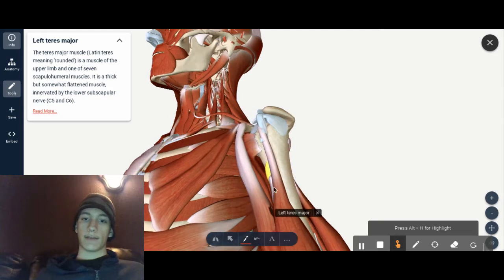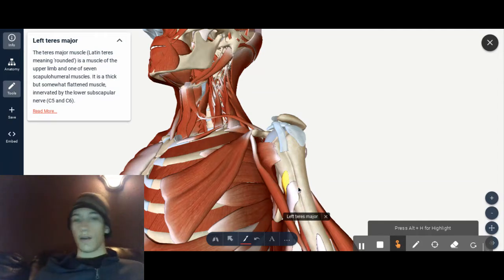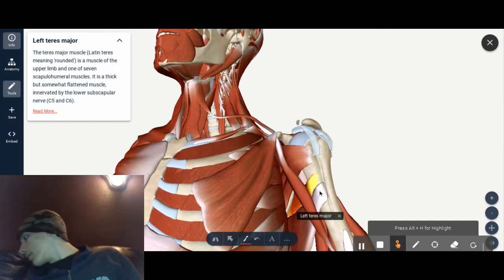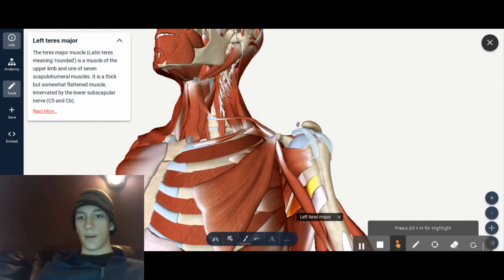It attaches right here on your lesser tubercle. So greater, lesser. They're these giant bumps. This attaches here on your lesser tubercle, which is the smaller of these giant bumps on your humerus.